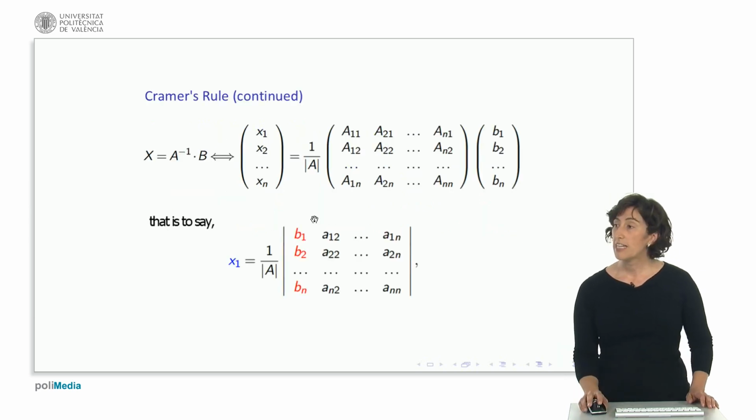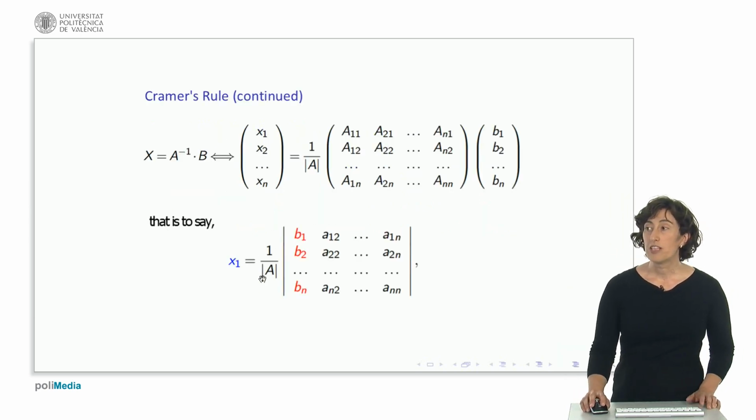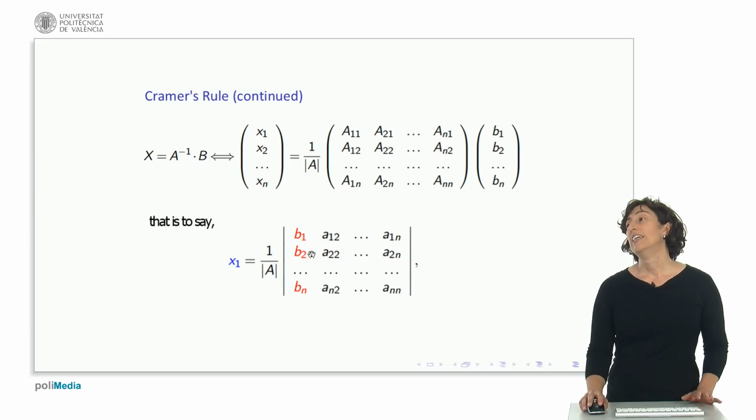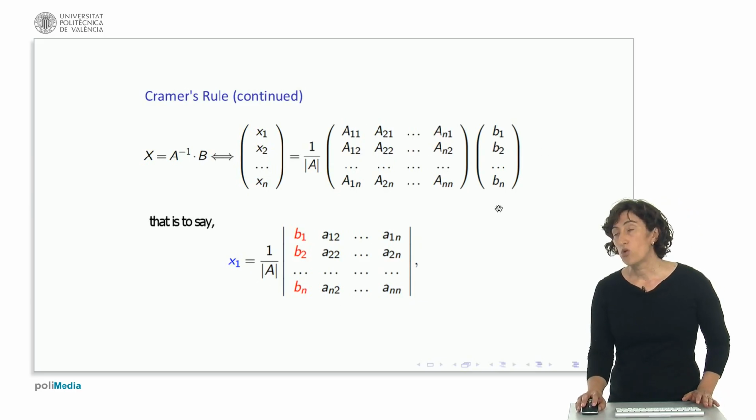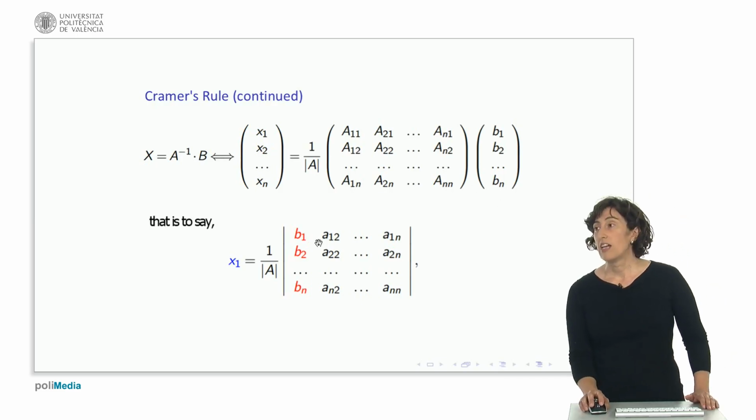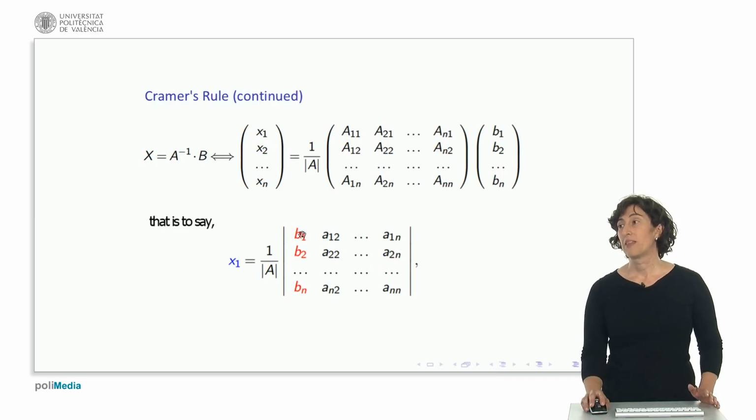We know x1. Well, in the denominator, I will always have the determinant of the matrix A. And in the numerator, instead of having to calculate all these determinants and then this product of matrices, what I will do is calculate a determinant of the matrix A where I will have changed the column 1 for the independent terms. That is, A sub 1, 1 is replaced by B1.